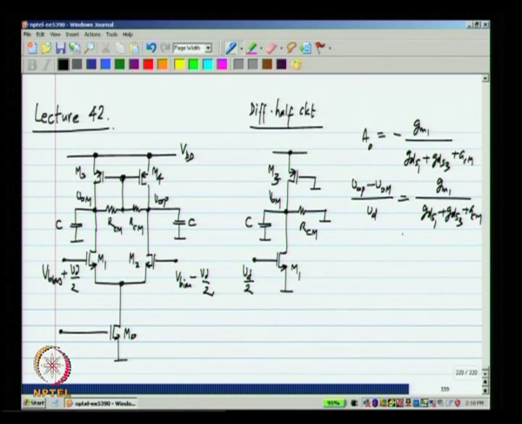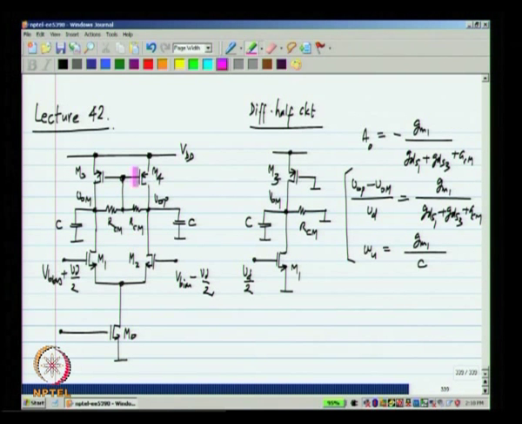And the unity gain frequency will be Gm1 by C. The C includes the load capacitance that you have plus any parasitic capacitance occurring at this node. Now in fact this transfer function is simpler than what we had for the single stage single ended op amp. If you recall, in the single stage single ended op amp, we took the current of M1, mirrored it, and the output was taken from this side.